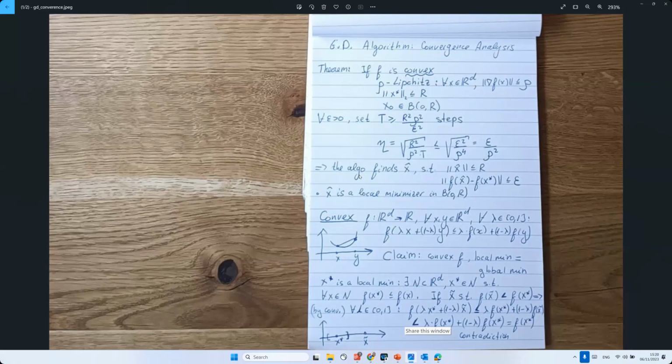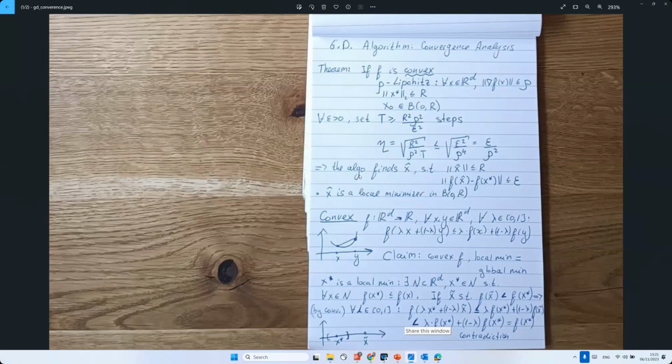So what is a convex function? Intuitively, if we are looking just at a function of one variable, we can draw its graph, as depicted in this small picture.